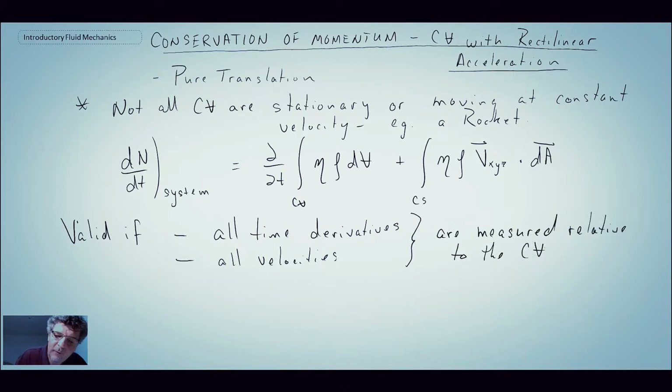So as long as we measure the time derivatives and the velocities with respect to the control volume, we should be okay. The place where we run into trouble here is the fact that Newton's second law, the basic law that we're dealing with, actually only applies to the inertial frame of reference, a frame of reference that is not moving, or not accelerating, I should say.